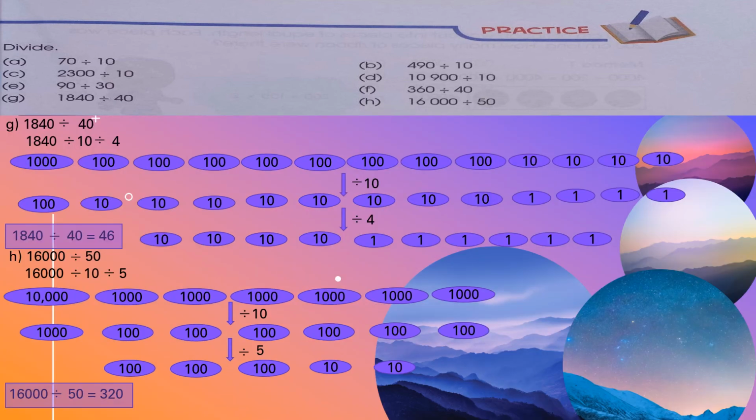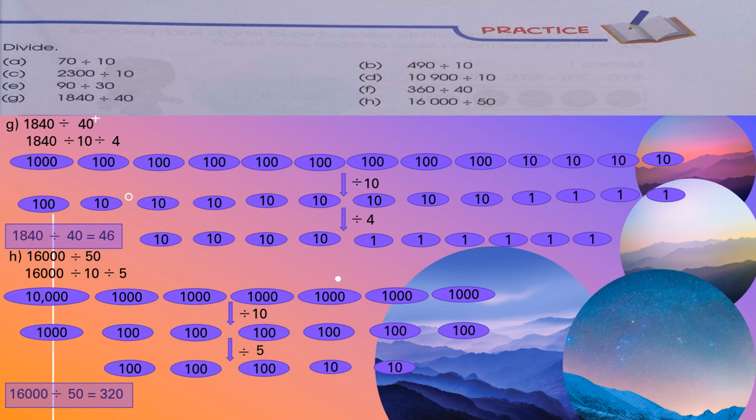In part G, we have 1840 divided by 40. Again, 40 is going to be broken up in terms of 10 and 4, so we have 1840 divided by 10 divided by 4. For 1840, we have 0 ones, 4 tens, 800 and 1000.